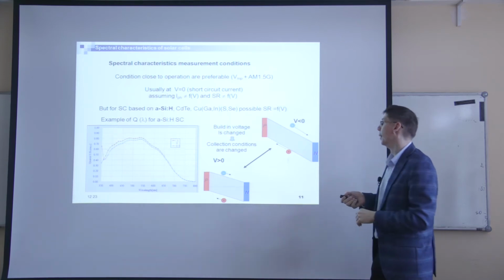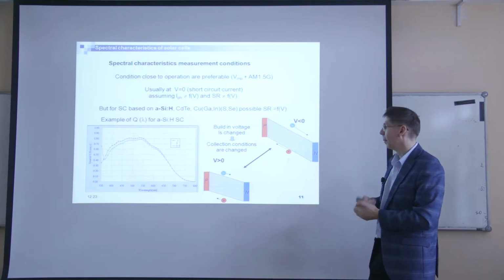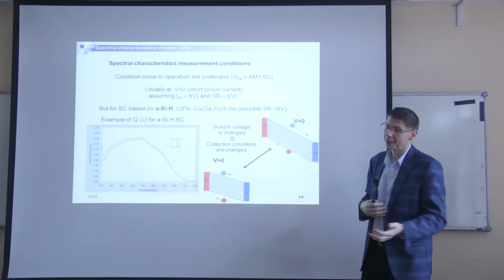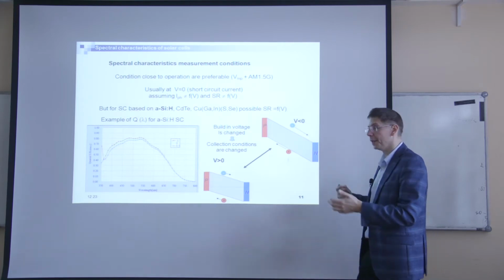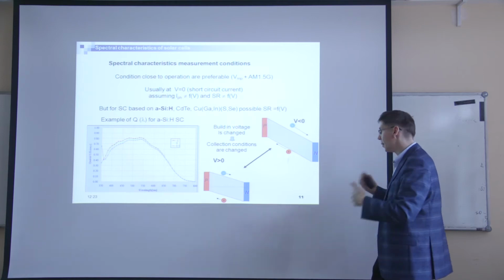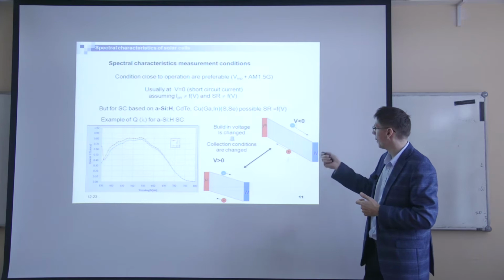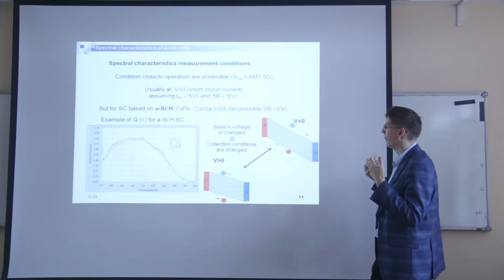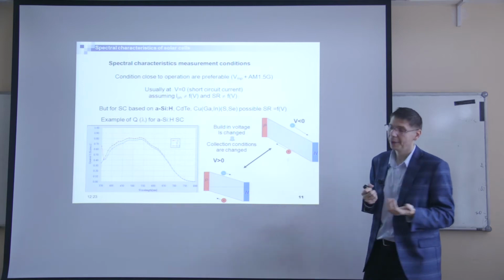in case of a p-i-n junction, you would get better VOC value. The main reason is that here you have recombination in the space charge region.